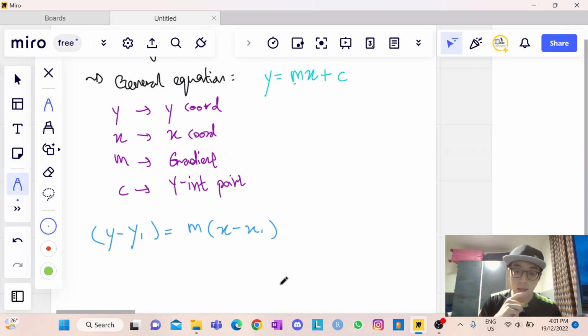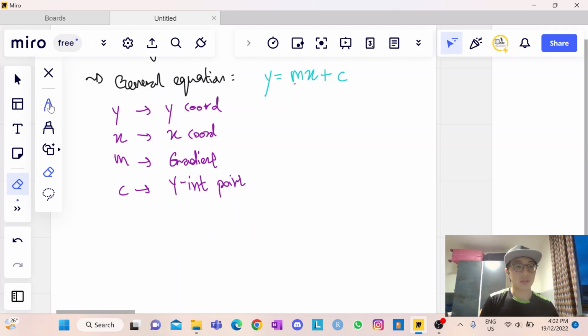But I hope not to say something I'm not confident of. So in this video, I'm just going to use the general equation because this is what I know. I'm not sure whether this form works in IGCSE, or its name, because I don't really remember names of a lot of stuff. So I'm not going to talk about this form, whether it's a gradient form or intercept form. Let's just ignore it.